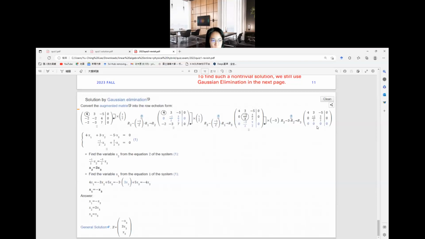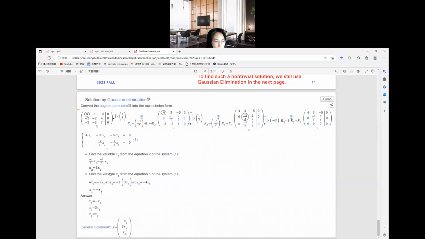So I can convert this echelon form into the homogeneous equations by putting x1, x2, and x3 next to the coefficients provided in the echelon form. So this will be the final homogeneous equations, meaning a system of simultaneous equations.